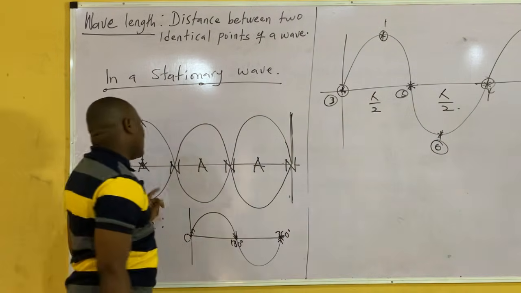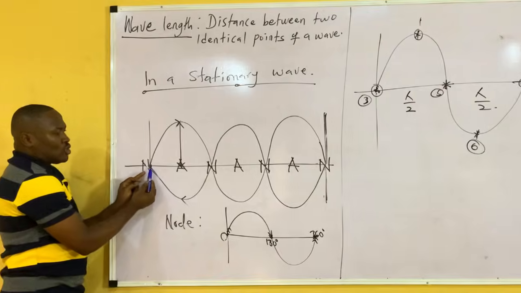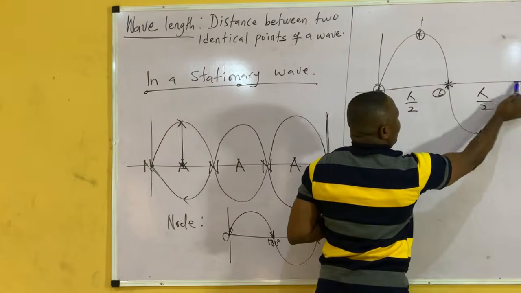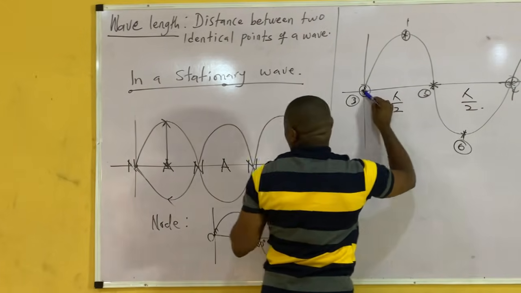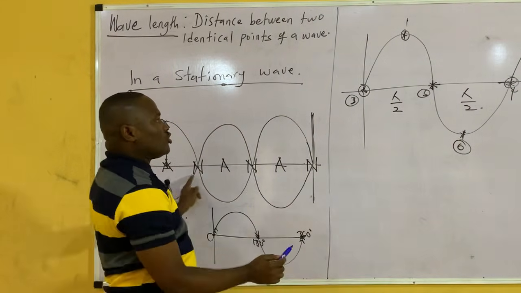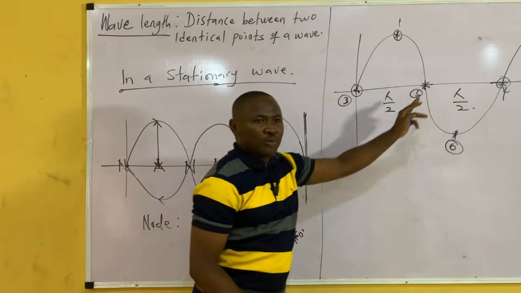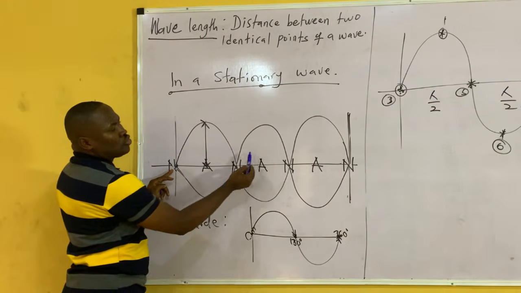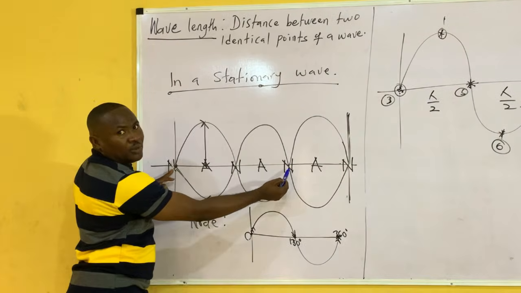So come back to this diagram. You see that node to adjacent node is not a complete circle. Node to adjacent node is half a complete circle.